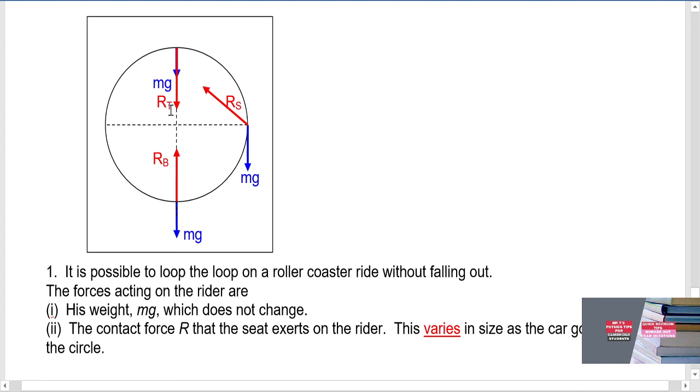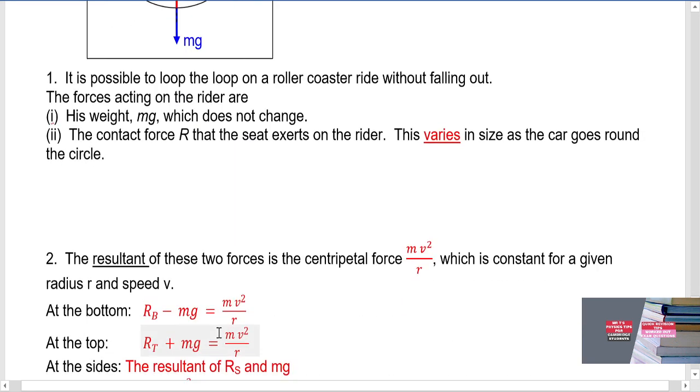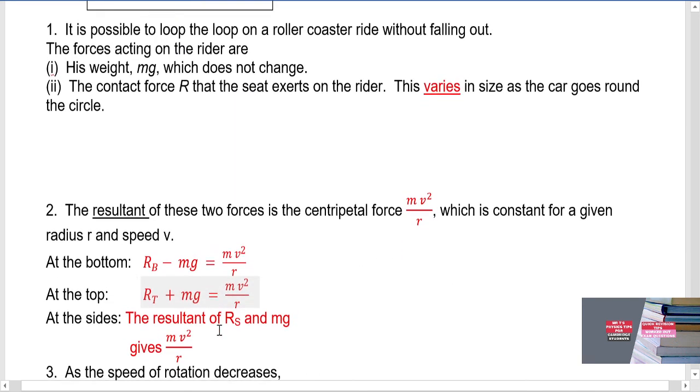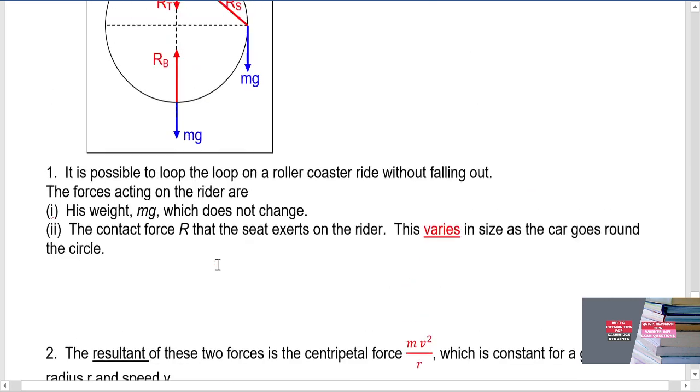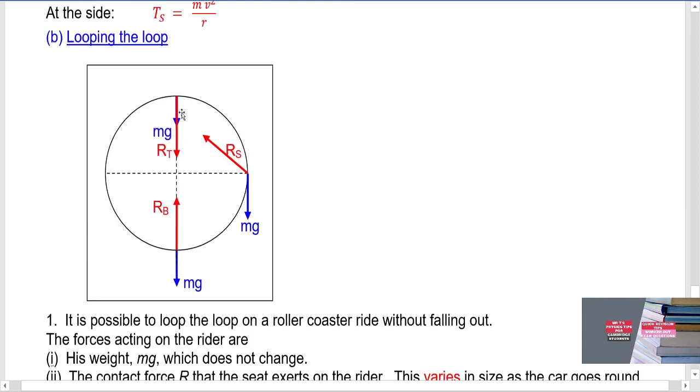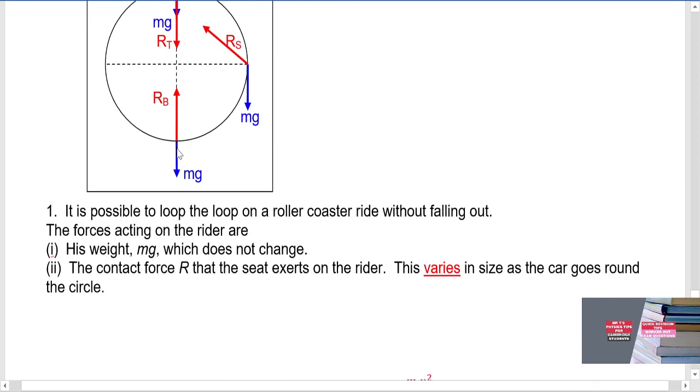At the top, the contact force plus the weight should equal mv squared over r. So at the bottom, R minus mg is equal to mv squared over r, and at the top, R plus mg is equal to mv squared over r.